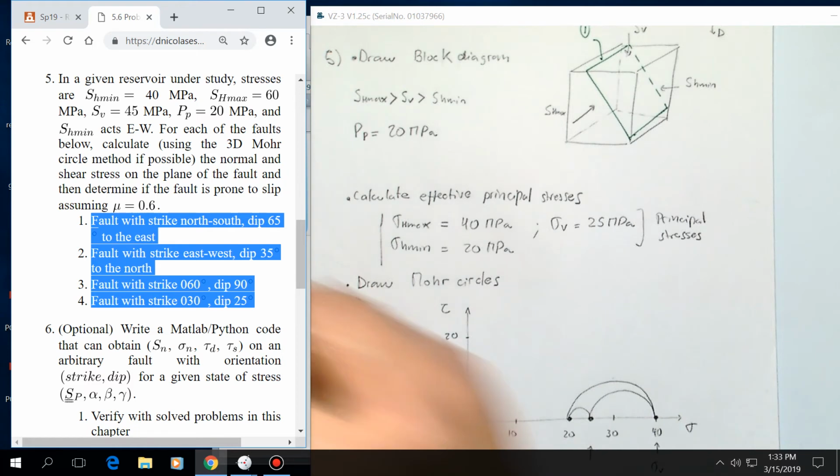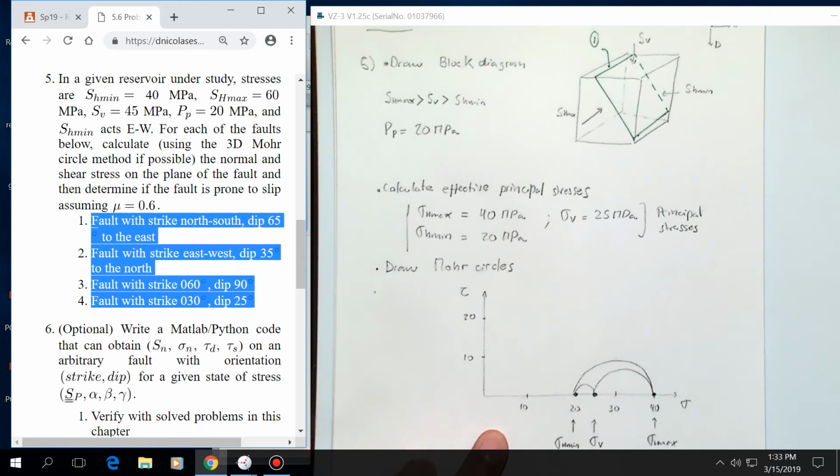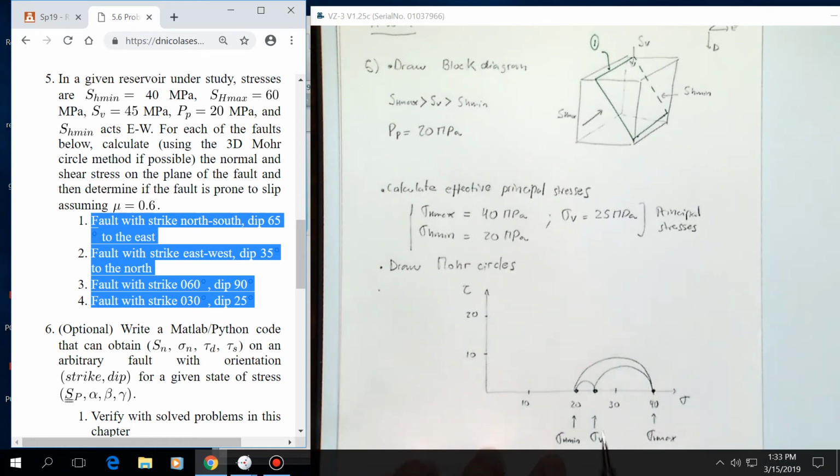No. Wait. This is sigma H max, right? Sigma H max, sigma V, and sigma H min. The combination of sigma V and sigma H min is going to be that small circle.